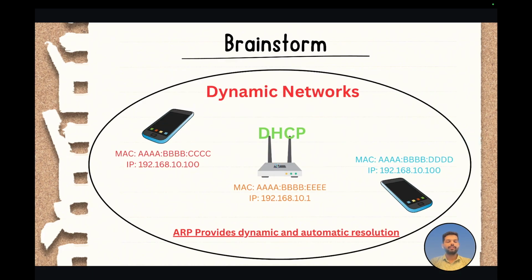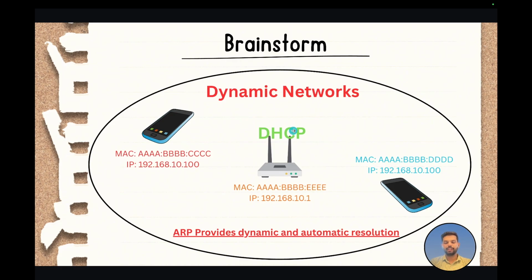We can also do some brainstorming. In modern networks we have wireless networks. You might have a router in your home, which has a MAC address and an IP address. When we have totally dynamic networks, our mobile phones are connected to the access point in your home, which has DHCP running on top of it.